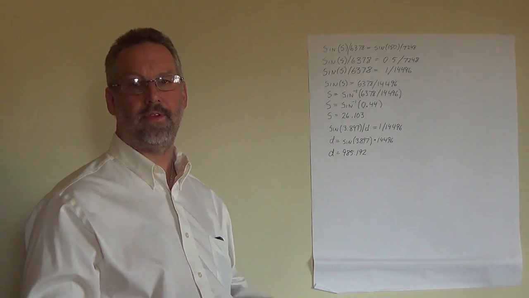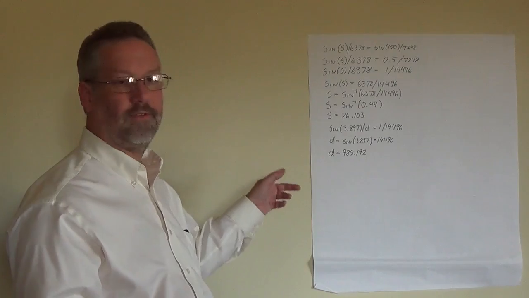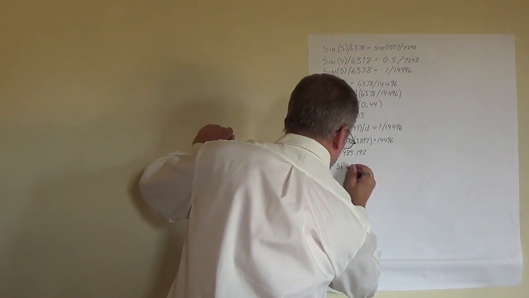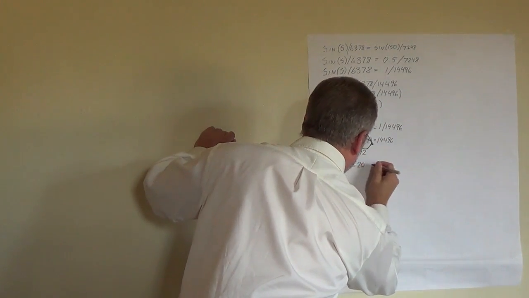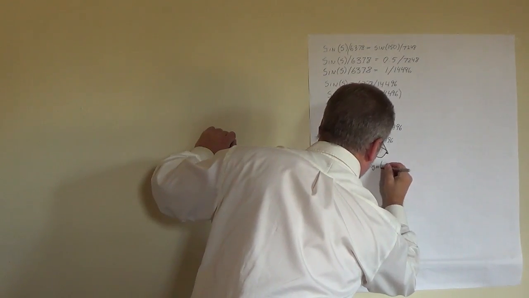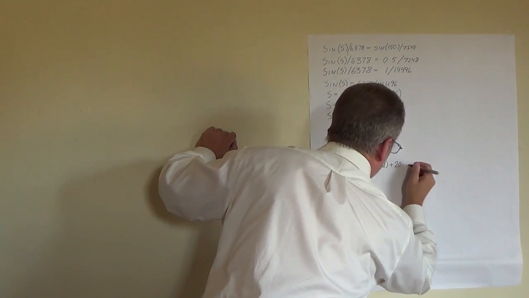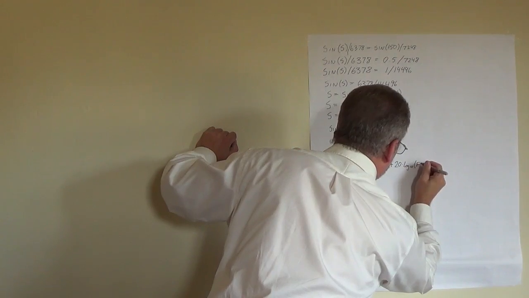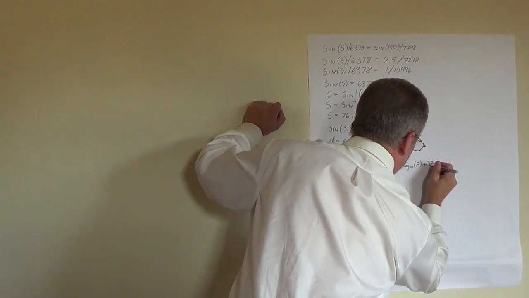But what it doesn't do is it doesn't tell us how much signal we have lost. Well, the formula in order to figure this out, the free space propagation loss formula, is 20 times log 10 of the distance plus 20 times log 10 of the frequency plus a correction factor of 32.45.